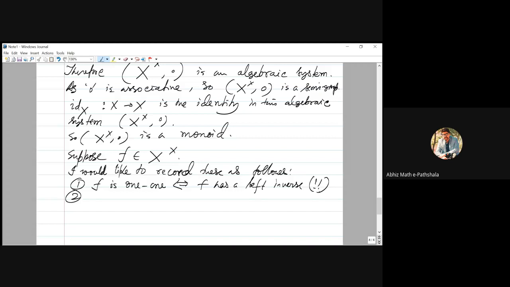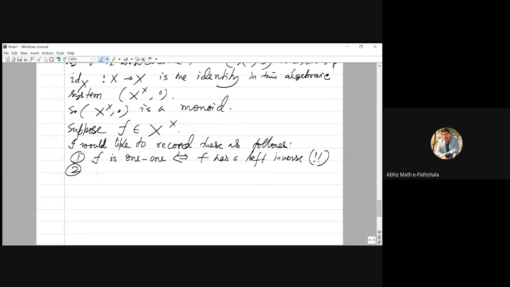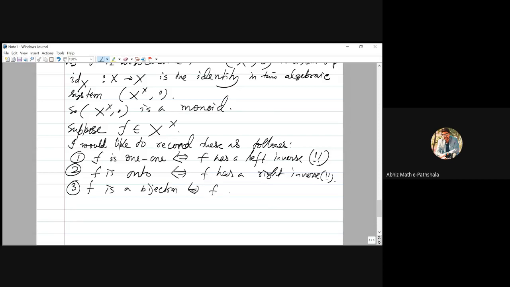So this is your home task. Number 2, f is onto if and only if f has a right inverse, okay? Number 3, f is a bijection if and only if f has an inverse, right? Check.